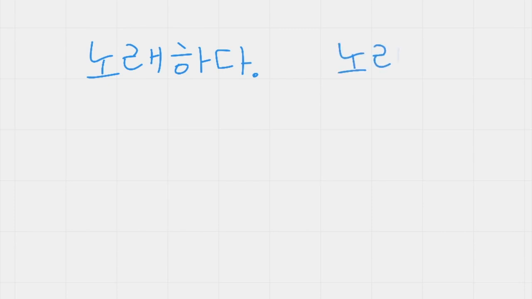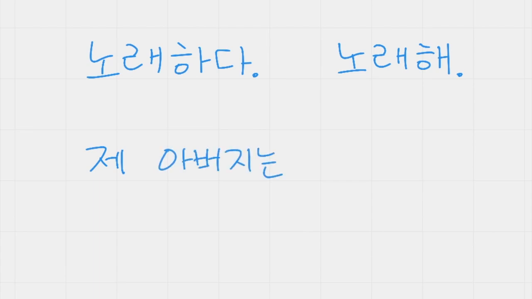All right, next one. To sing, 노래하다. Basic, 노래해. My father sings well. 제 아버지는, and then this one, what you can do with the 하다 verb, you can have a noun, 노래, and then 하다 separate, right?